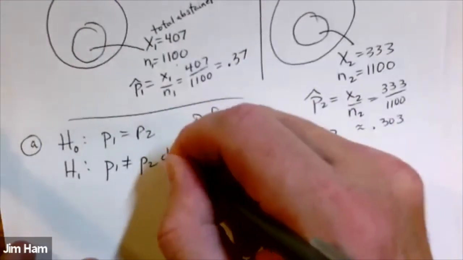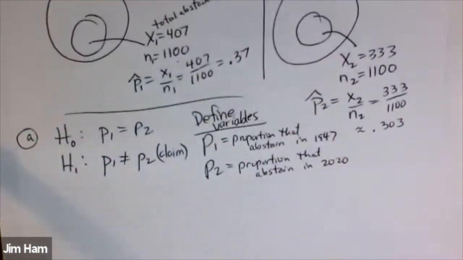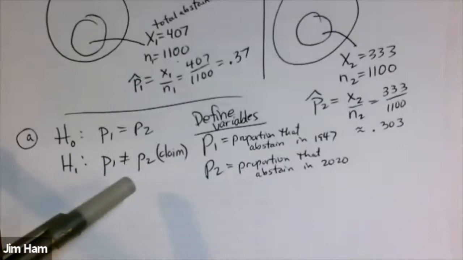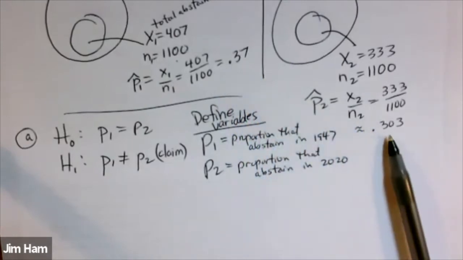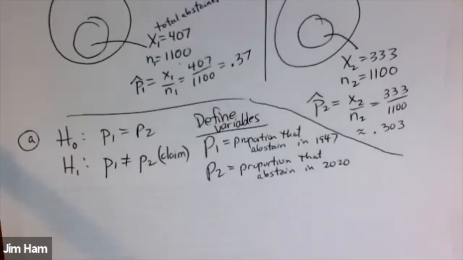That means we're going to write the word claim next to the alternative. The alternative is generally the research hypothesis. This is what the researcher wants to show, that there in fact has been a change. We know from our sample results that if there has been a change, the percentage of abstainers has decreased, and that means more people these days are drinking some alcohol.